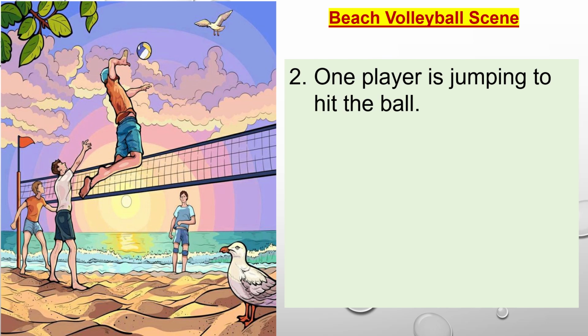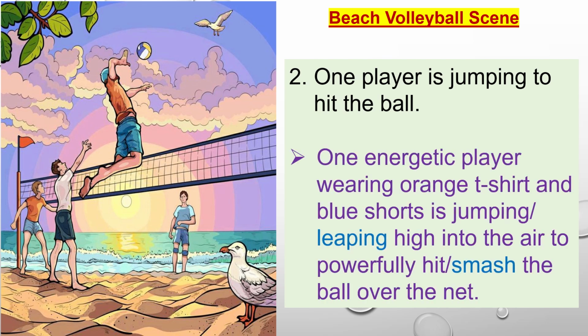Next sentence. 1 player is jumping to hit the ball. Now, you can see there is a player who is going to hit the ball. So what you can add is to describe his appearance, action, and how he does it, right? So by describing these things, we can change this sentence into a better sentence. Like, 1 energetic player wearing an orange t-shirt and blue shorts is jumping, or we can use another vocab, leaping high into the air to powerfully hit, or we can use another word, smash the ball over the net.